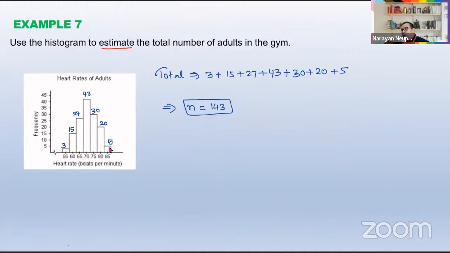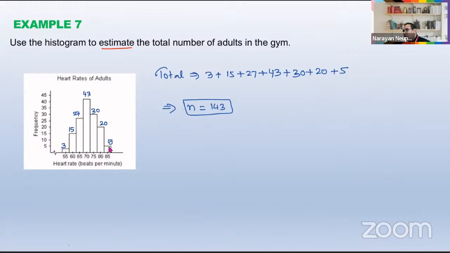Now, this one we have just covered. This one is the presentation of data. Here we are presenting the data using histogram. Remember, histogram is exclusively used for continuous data sets. The vertical bars are connected to represent the continuous data, and the height of the bar is proportional to the frequency.